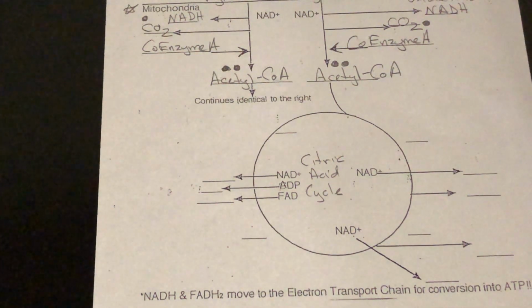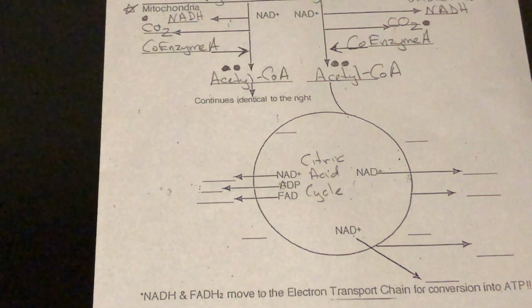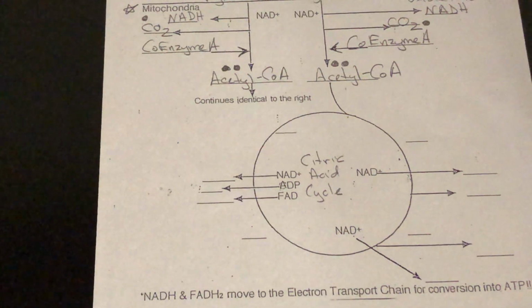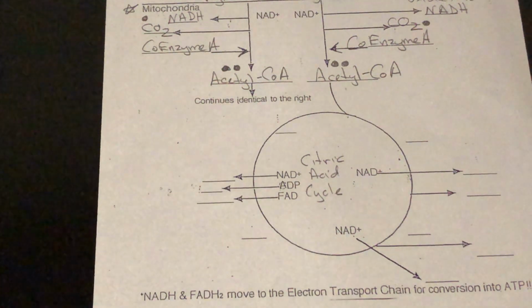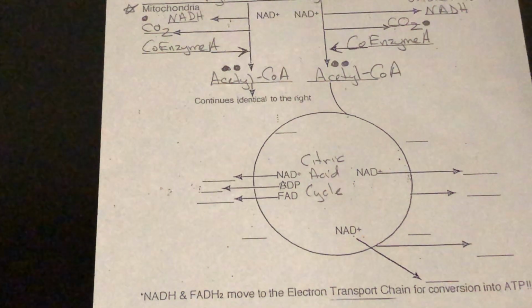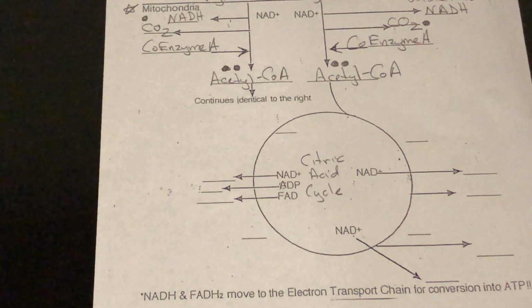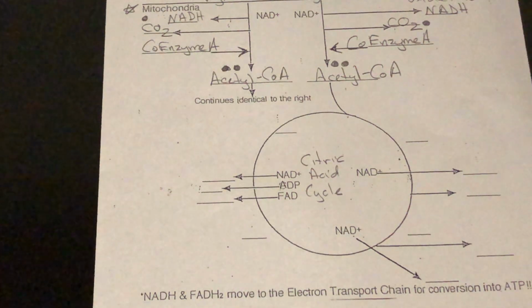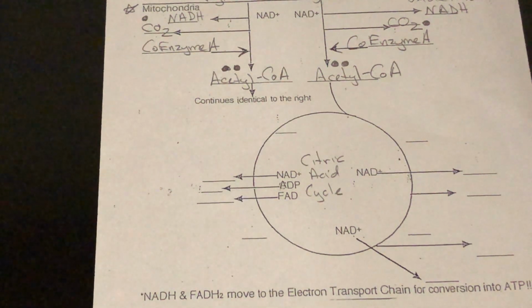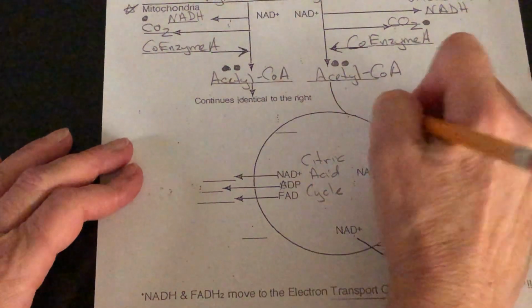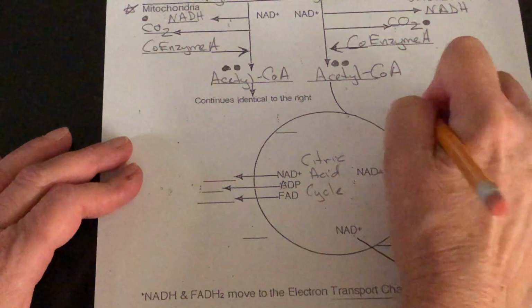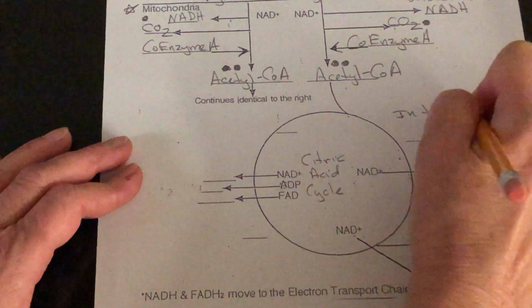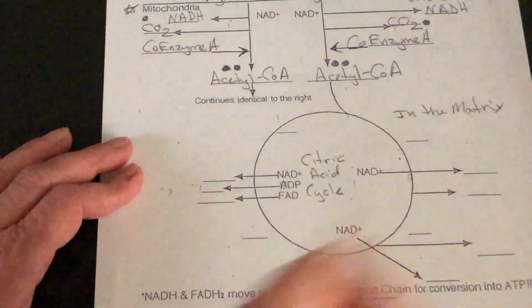The citric acid cycle is going to happen in the interior of the mitochondrion. You have an outer and an inner membrane. The inner membrane is looped into cristae, and then the fluid in the center is called the matrix. So this occurs in the matrix of the mitochondrion.